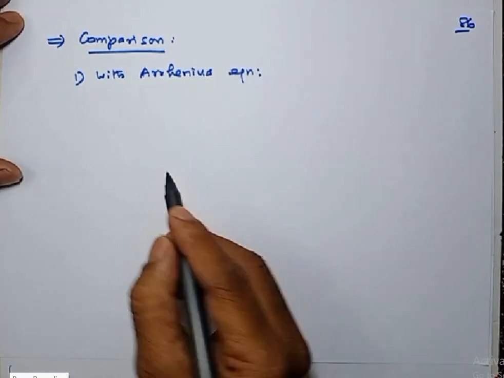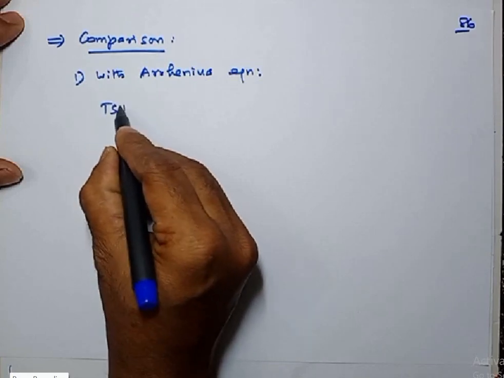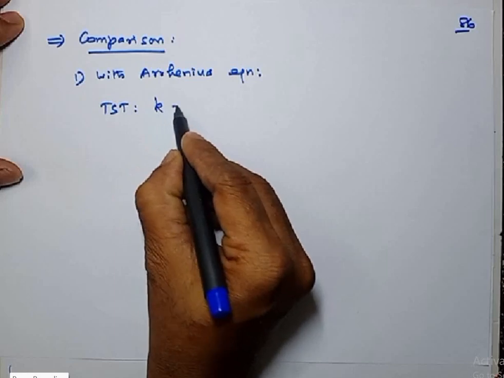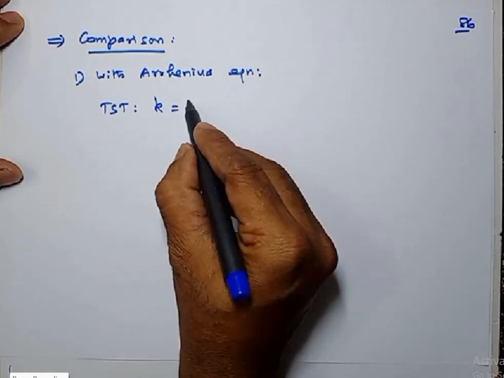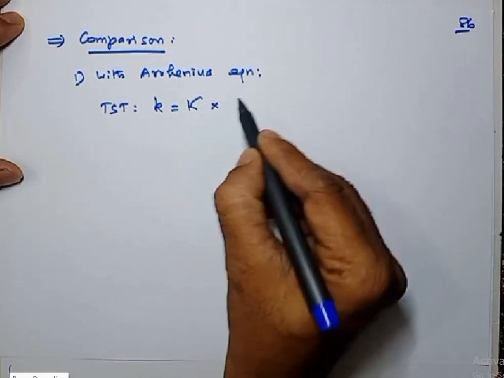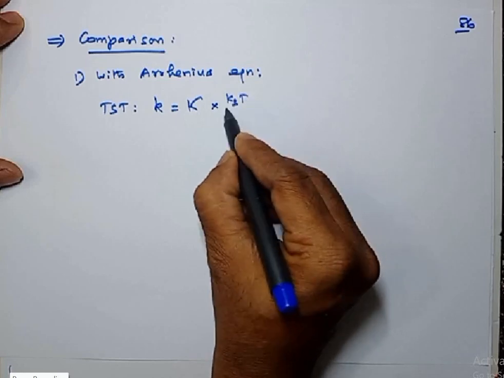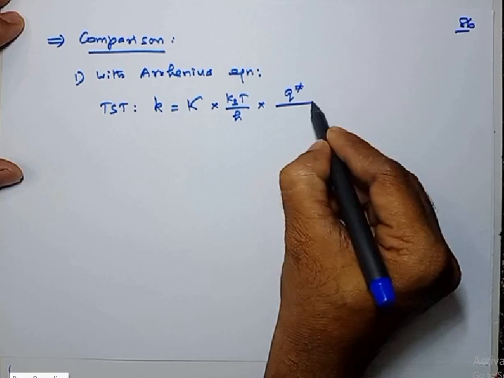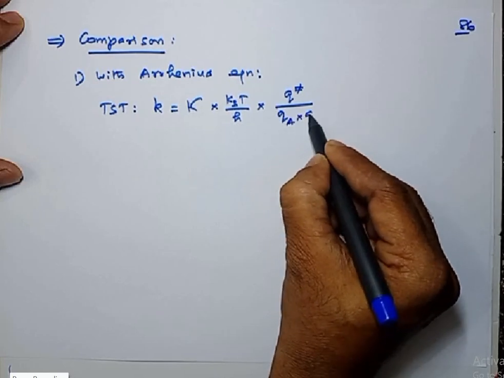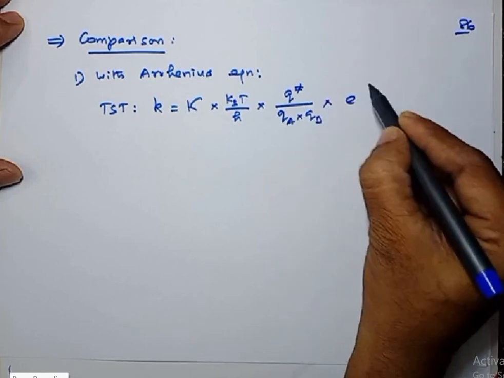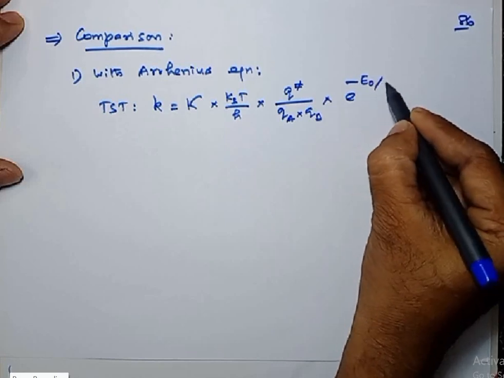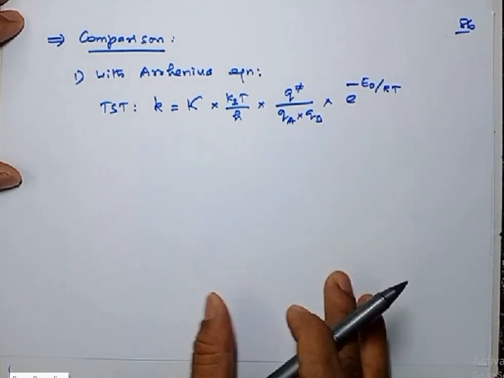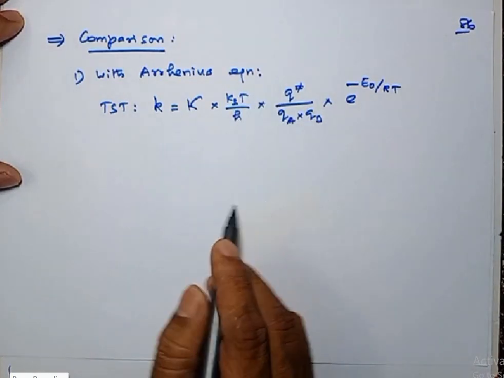You know very well, from transition state theory using the partition function, we derived the expression for rate constant k equal to the transmission coefficient into kBT by h into Q double dagger by QA into QB into e power minus E naught by RT. Okay, this we know, this is from transition state theory, using the partition function.